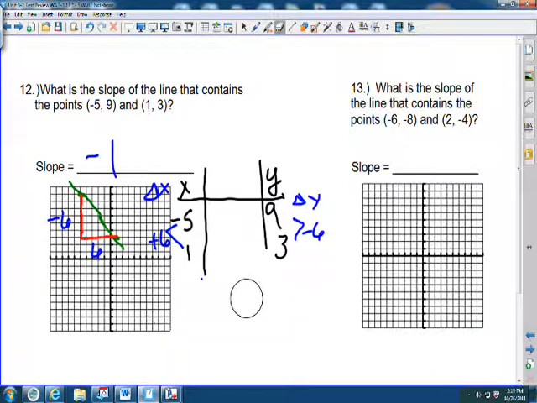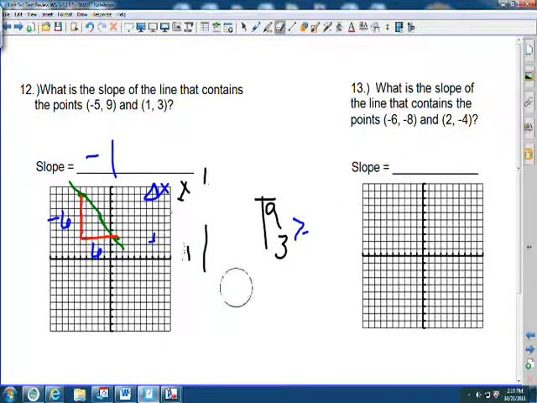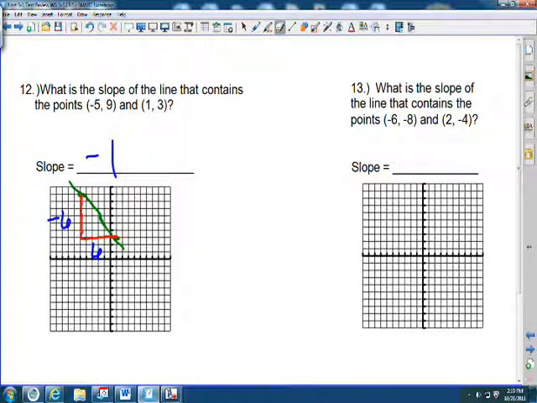The next one, let me get rid of this here and do the next one. All right. I can plot these points, -6, 1, 2, 3, 4, 5, 6, and up 1, 2, 3, 4, 5, 6, 7, 8 and put a dot. And over 2 and down 1, 2, 3, 4.